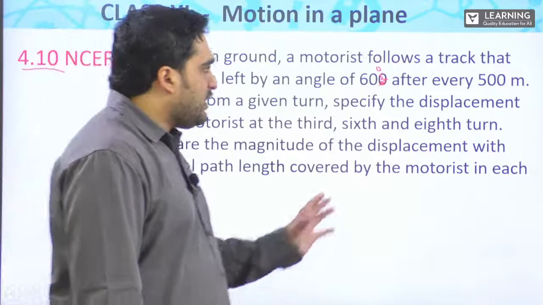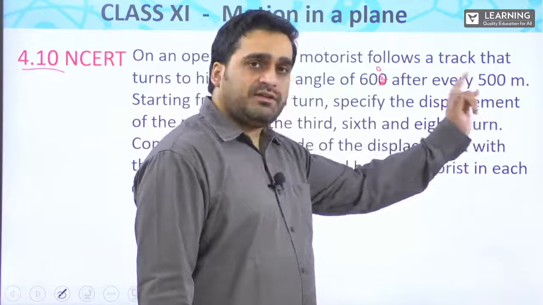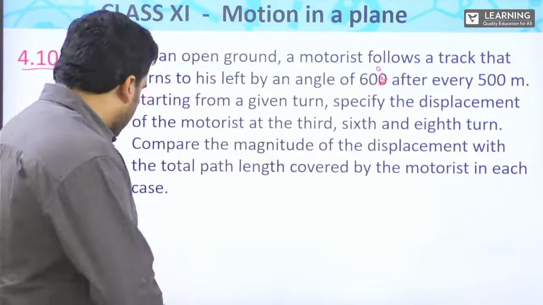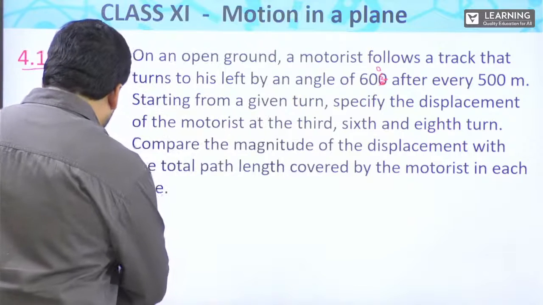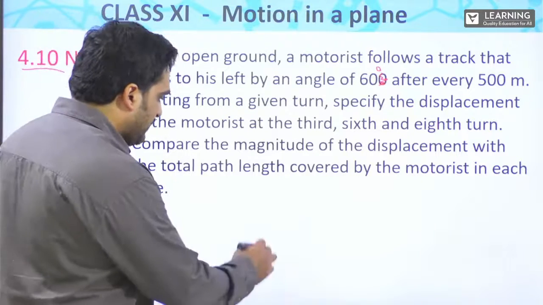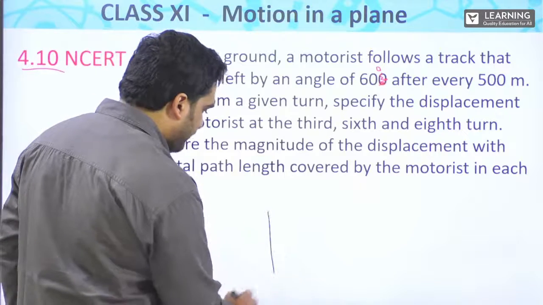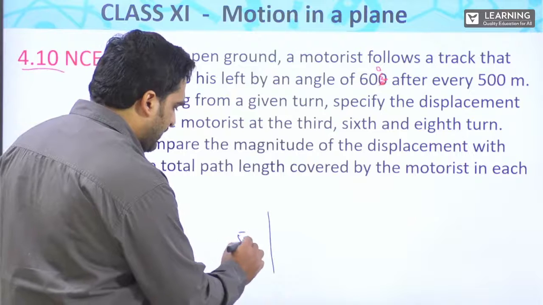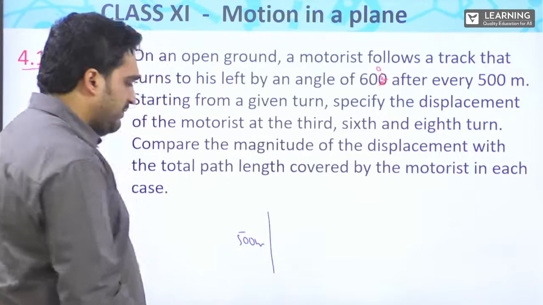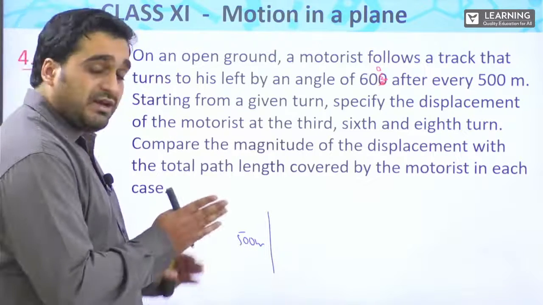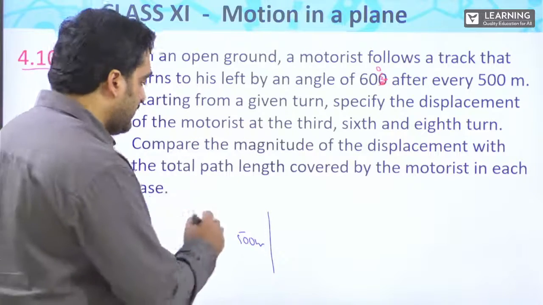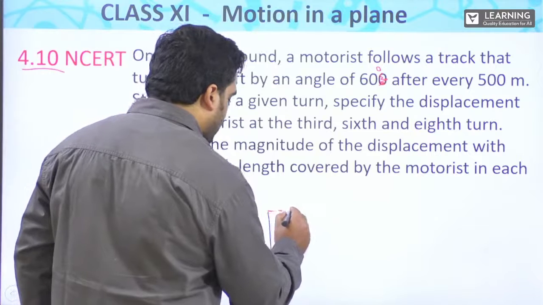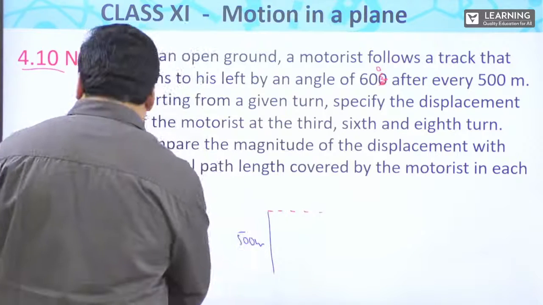So this motorist travels for every 500 meters. He makes a turn of an angle 60 degree. So let's represent that in diagram form. Let's say he travels up north for a distance of 500 meters, and then he makes a turn of angle 60 degree with respect to the horizon.